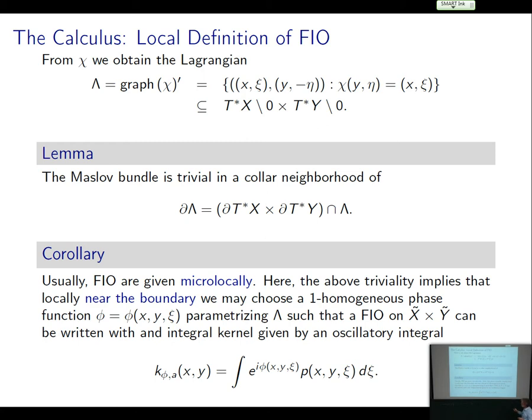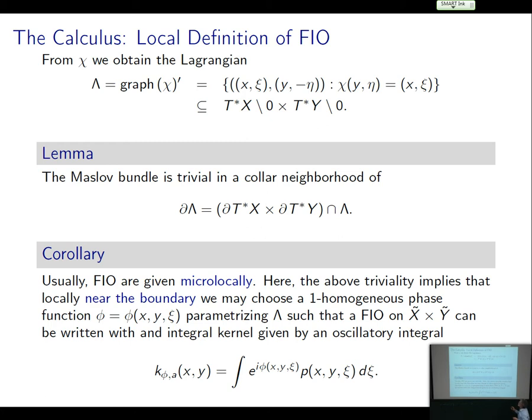Okay, as I said before, we have the symplectomorphism chi, going from one cotangent bundle to the other. Then we look at the graph of it. The graph then is a subset of the Cartesian product of the two cotangent bundles.